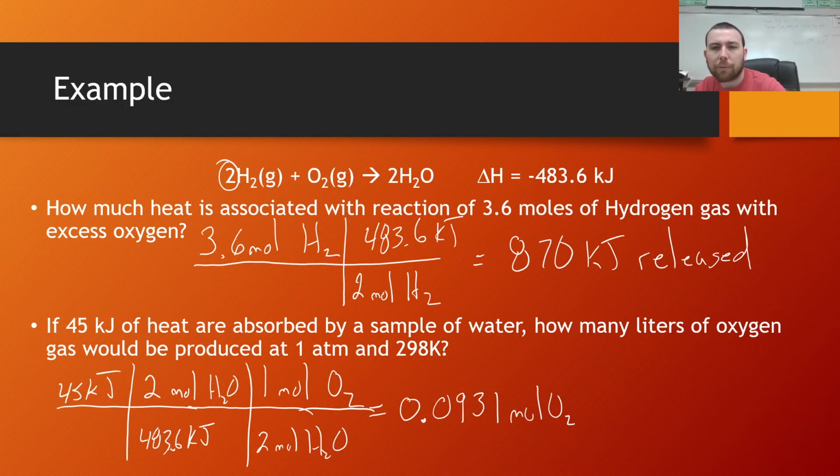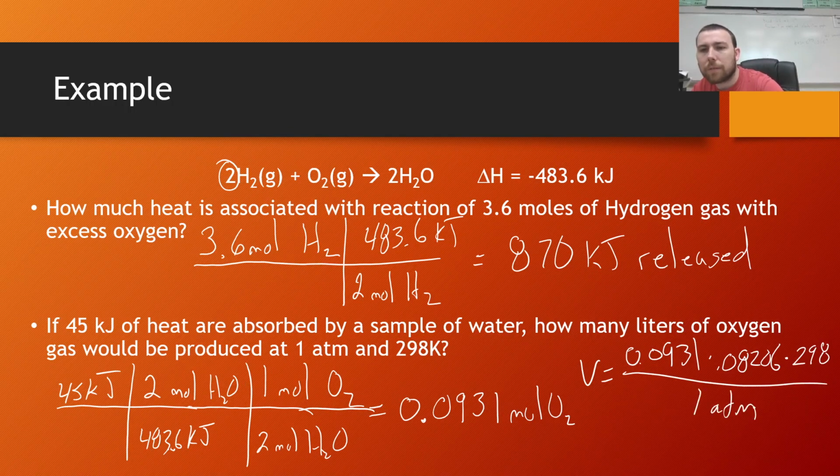So now we've got PV equals nRT, and now we can find V. So V is going to equal nRT over P. So our moles, 0.0931, times 0.08206, that's our ideal gas constant, times 298, divided by 1 atmosphere.